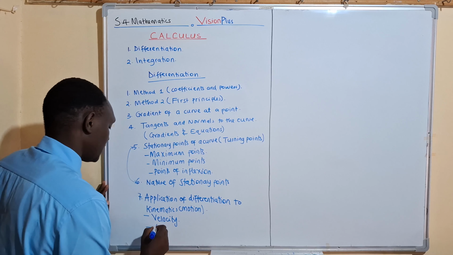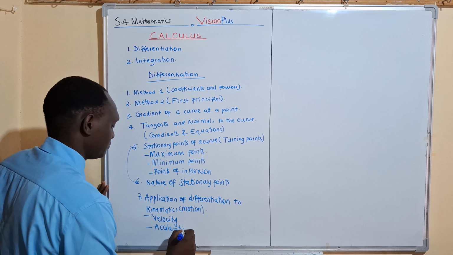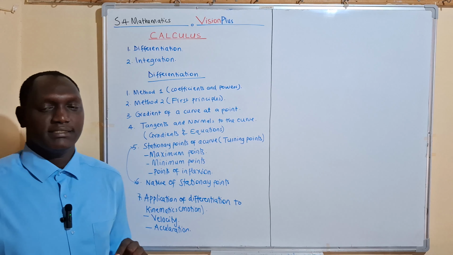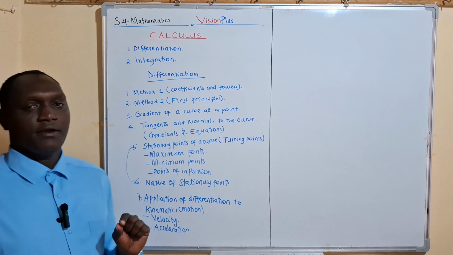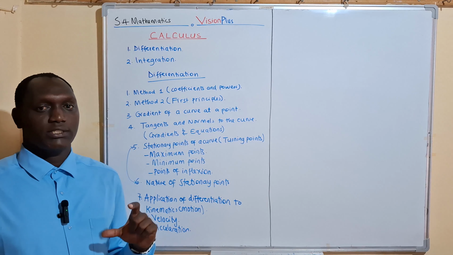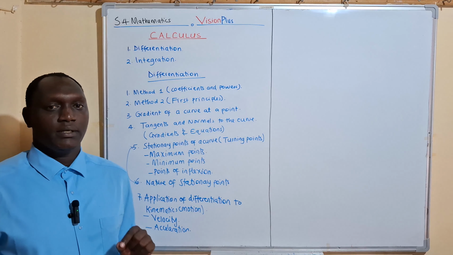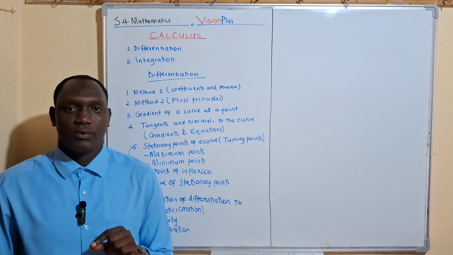We shall look at calculation of acceleration. So these are the main things that we are going to cover under differentiation. For now, I'm not going to quote what we shall cover in integration. And as we go to integration, I will list what we are going to cover.